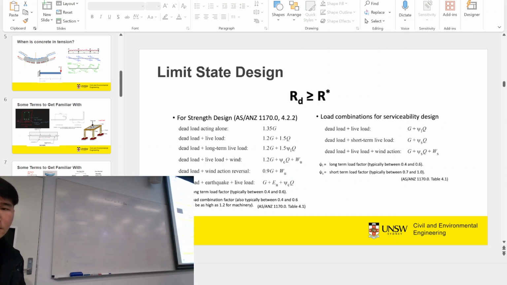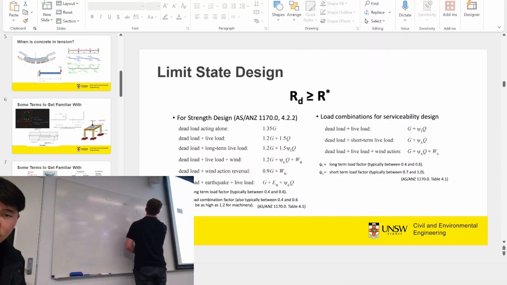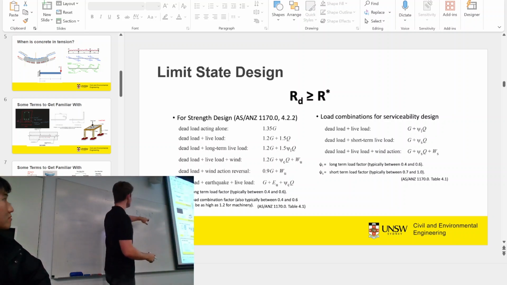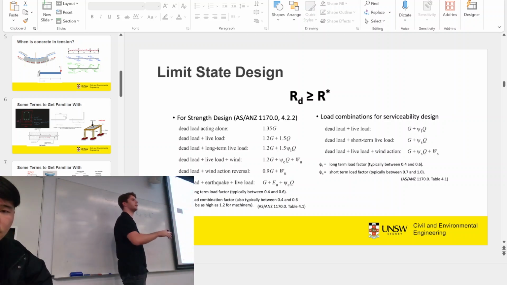Limit state design. So basically, this is the main concept of all of concrete and steel design, right? This is your design action effect. Basically it just means the loads that you want to put on it in the future.